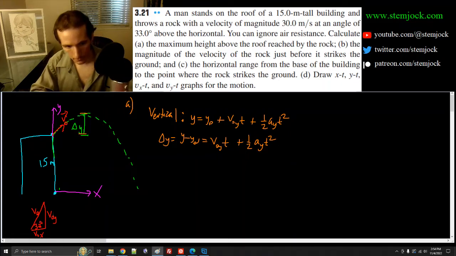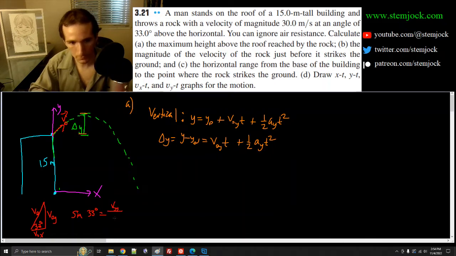So to relate v0y with the angle and the hypotenuse, I'm going to take the sine of 33 degrees. That is the ratio of the opposite side, which is v0y, over the hypotenuse, which is v naught, which is 30 meters per second. This is v0y.